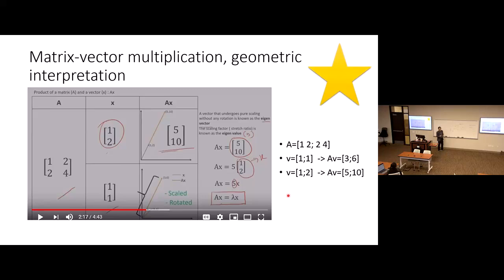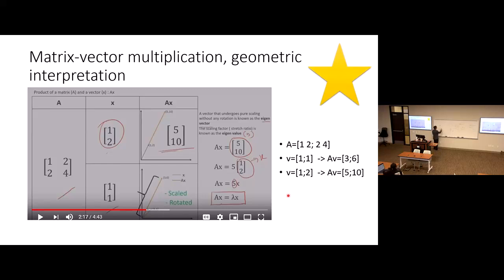Eigen is German, and it means the feature or standard feature, something like that. And this will be a single number times x. So for this equation, if you plug in this A and this x, you will see that it's true.